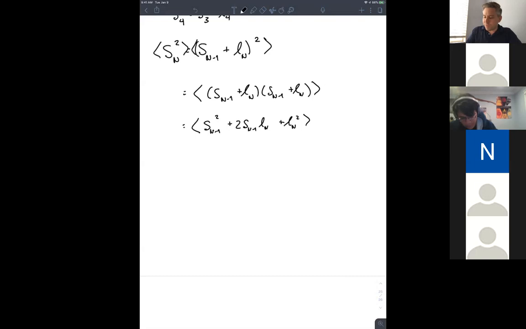Now remember that averaging is just a sum, and sums you can always split up in whatever way you want. So I can think of these brackets as operators that I can distribute through this sum. And what I get is this.